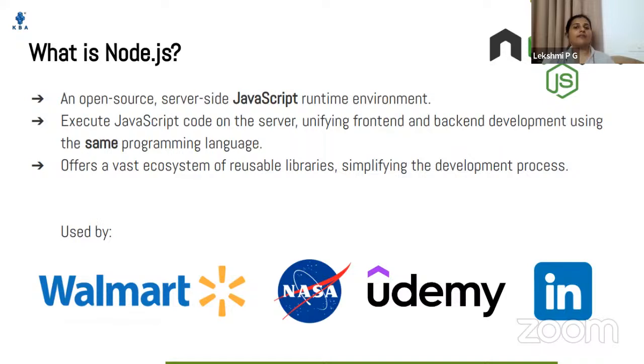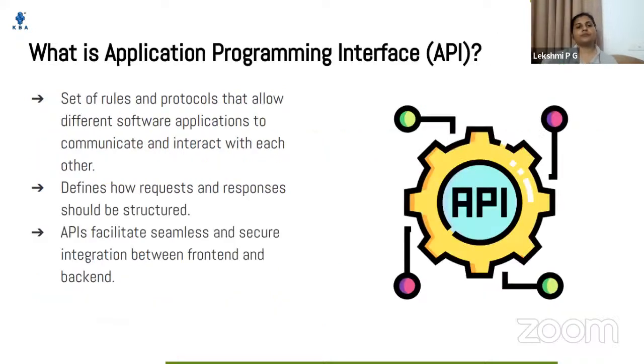Node.js is the JavaScript runtime environment. We can use JavaScript for coding in the backend using Node.js. Node.js is used by most web applications that use JavaScript on the backend, like Walmart, Udemy, etc.